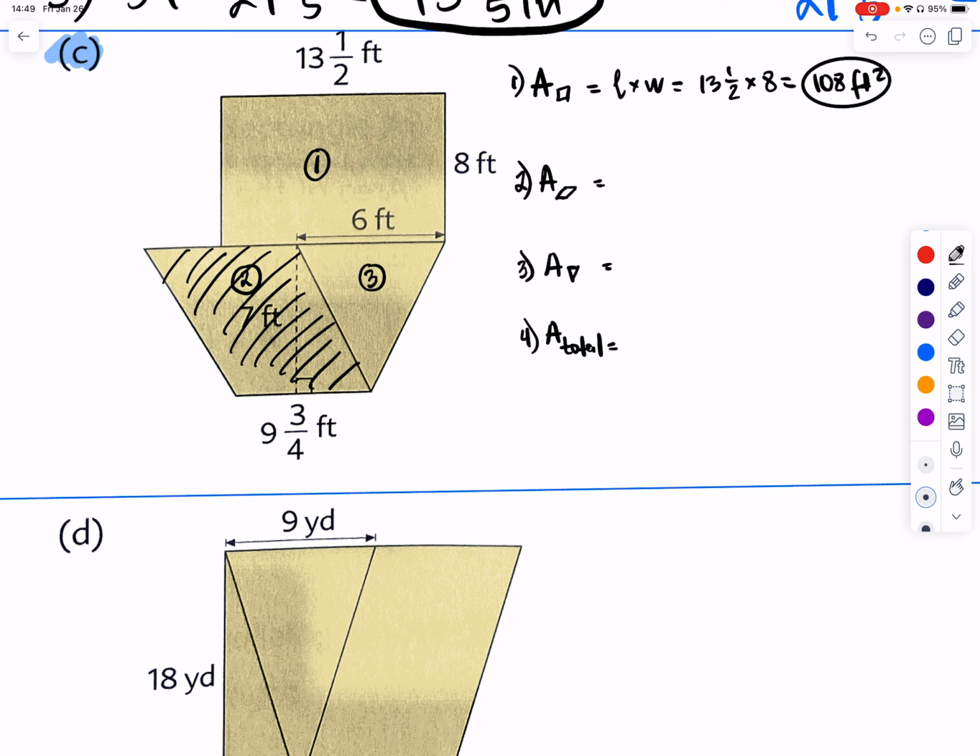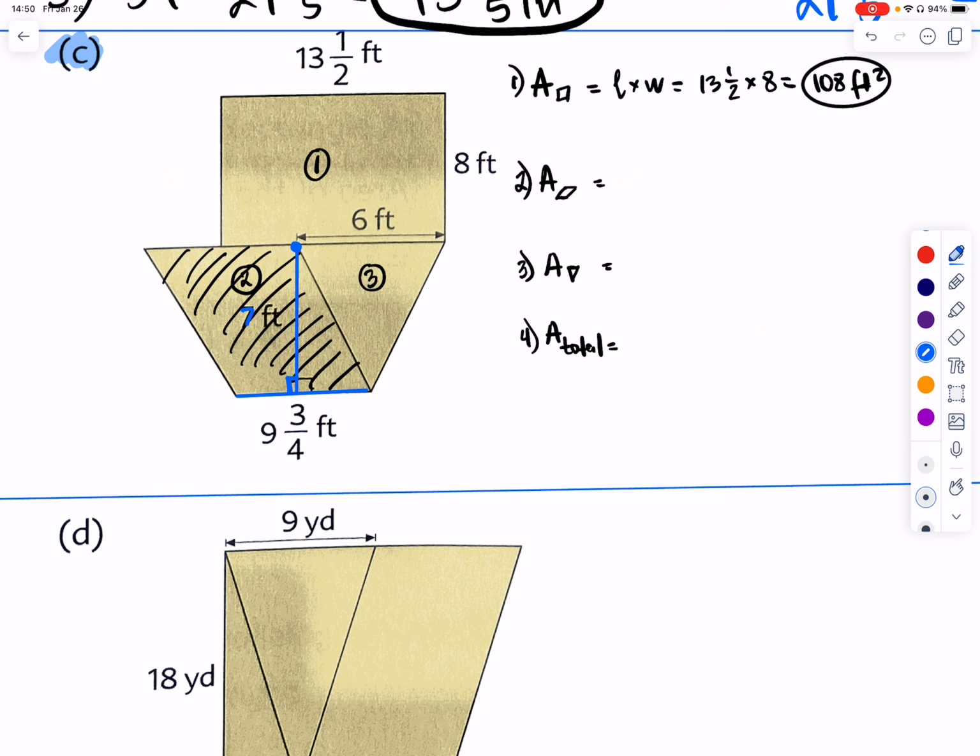Part 2, let's find the area of a parallelogram. That was a new concept we learned in the last video. We must identify the base, which is 9 3/4. Let's find the vertex that's opposite of the base and drop the height that is perpendicular to the base. And this height is 7 feet.